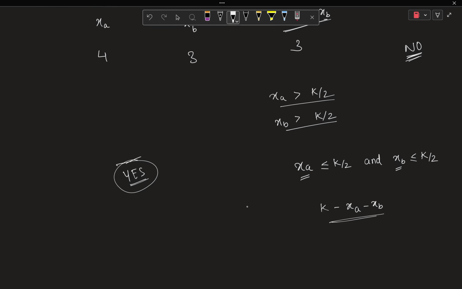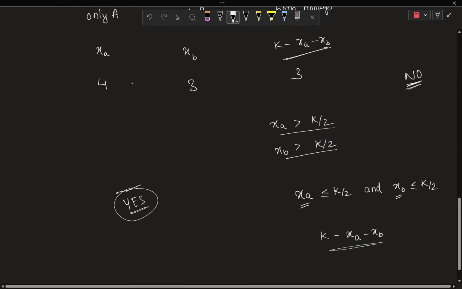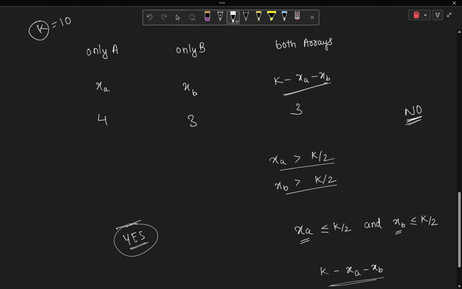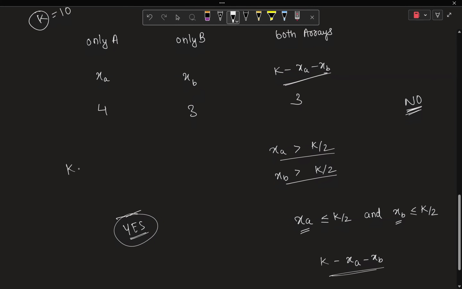In the way I implemented, I said find out the number of elements which are coming up in array A. Either it comes in B or not, I don't really care about it. So it would be equal to this many elements. Basically, all the elements from 1 to k which are not coming up in only array B, either they are coming up in array A only or in both these arrays.